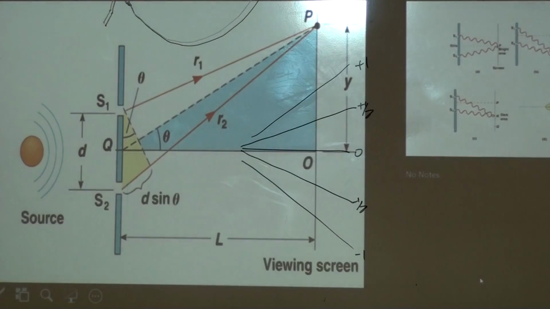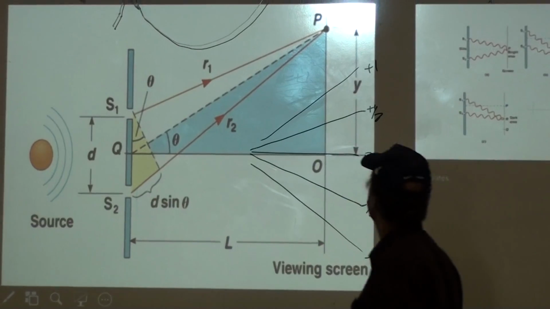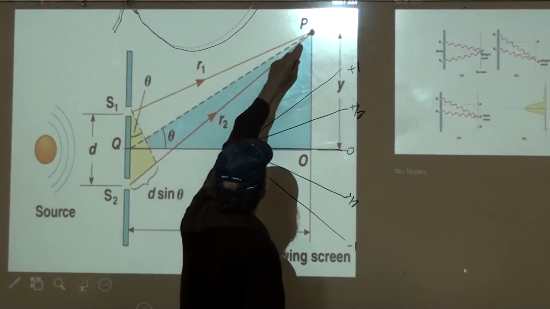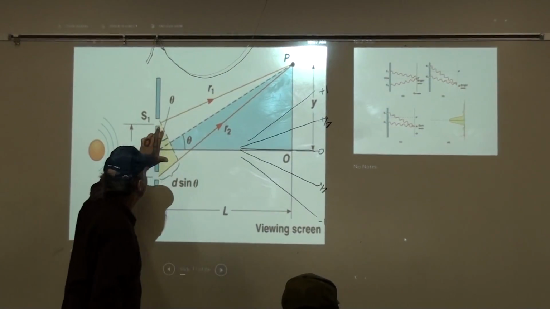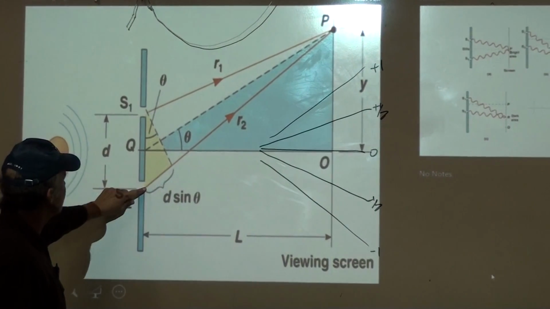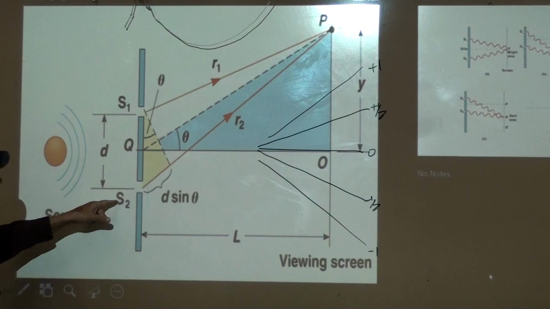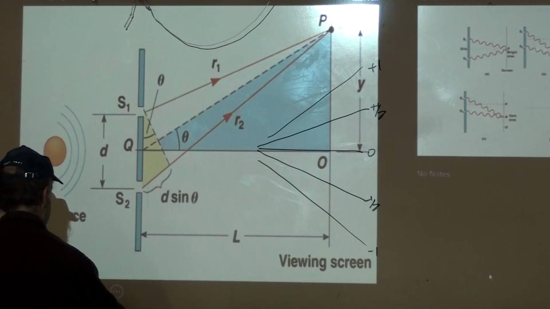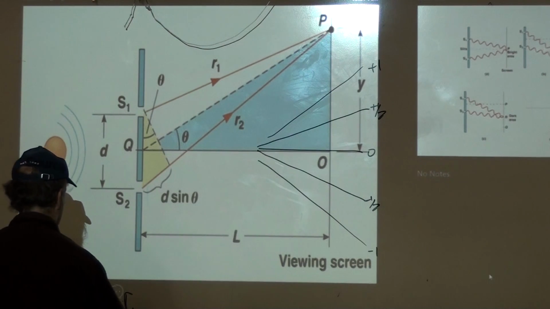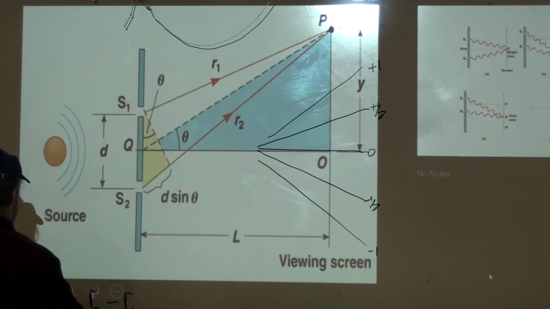you can see where we're at with this picture, where this would be m equals plus 1 in this case, let's say, and then this d sine theta would be lambda. That's the difference in path length between this distance, r2, and r1. So that's our delta r, that's our path length.